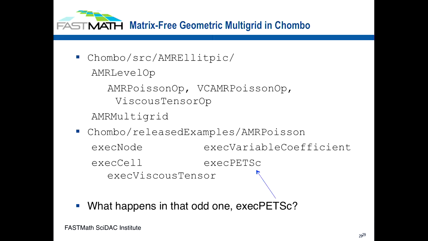There's header files for AMR level op, AMR Poisson op, variable coefficient AMR Poisson op, viscous tensor op, and the AMR multigrid. So this is a geometric multigrid written for block structured AMR problems. Geometric multigrid is a very fast kind of order n solver. This is matrix free. For special purpose operators on special purpose data structures, this can run much faster than calling an explicit matrix style solver.